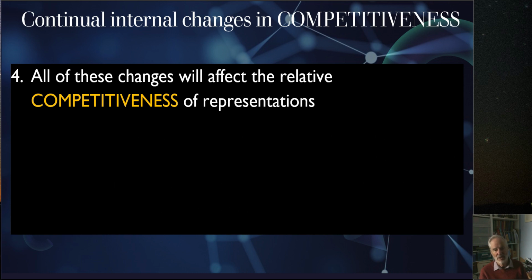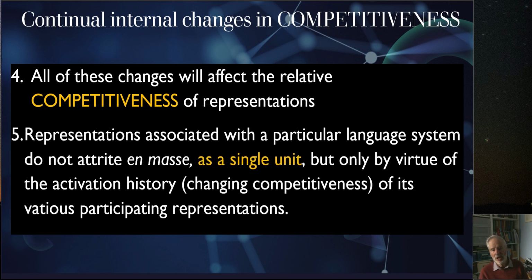The relative competitiveness. And representations associated with a particular language system don't attrite en masse. You don't lose a language en masse as a single unit, but only by virtue of the activation history, that is to say, the changing competitiveness of its various participating representations. Remember the noun example. The noun is always going to get activated whatever language you use, so that won't attrite.